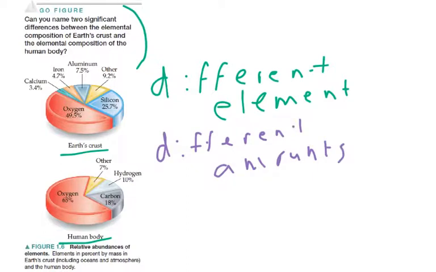Such as in the human body, oxygen is 65%, where in Earth's crust it's 49%. Look at hydrogen, 10% of the human body, but doesn't even appear in the top few for the Earth's crust. It would be among the others.